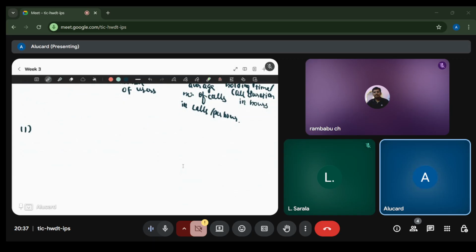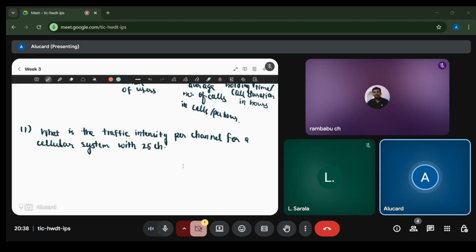Okay, next we go to question 11. What is the traffic intensity per channel for a cellular system with 25 channels and a blocking probability of 5%?